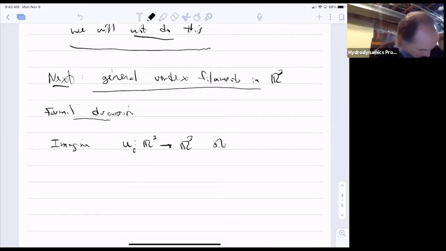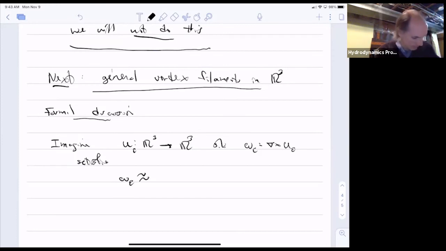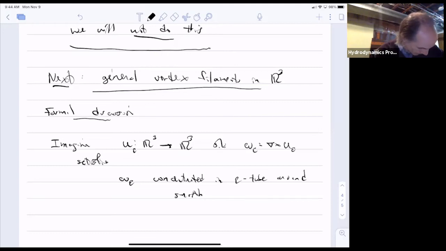And maybe let's put epsilon here. I want omega epsilon to be roughly, we discussed this a while ago, concentrated in that epsilon tube around the smooth curve gamma.